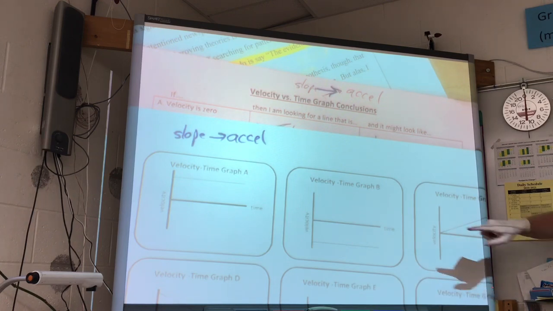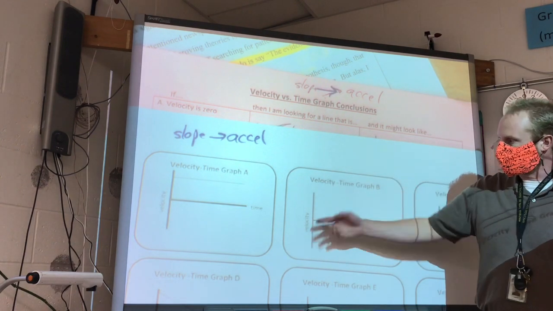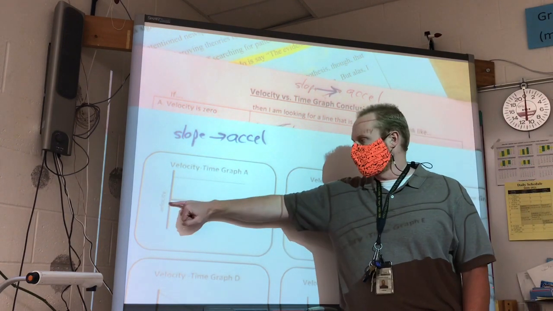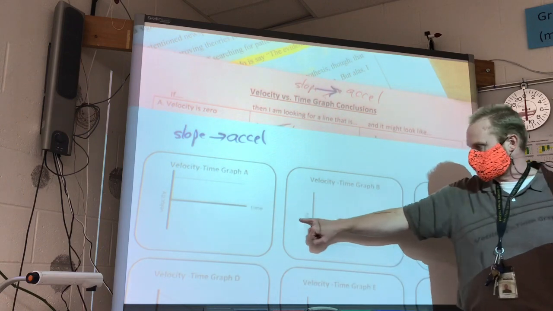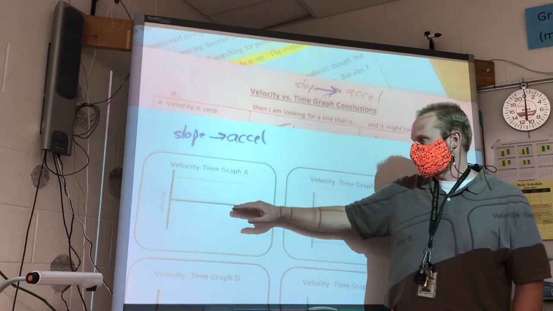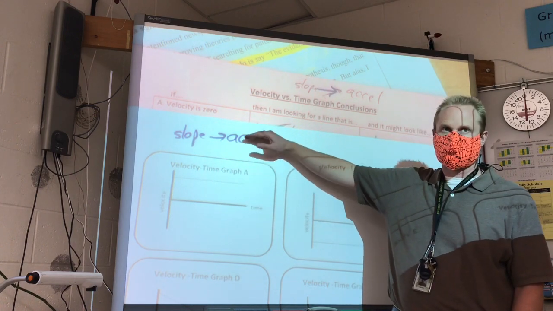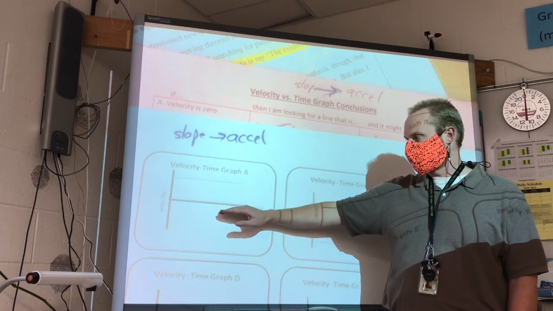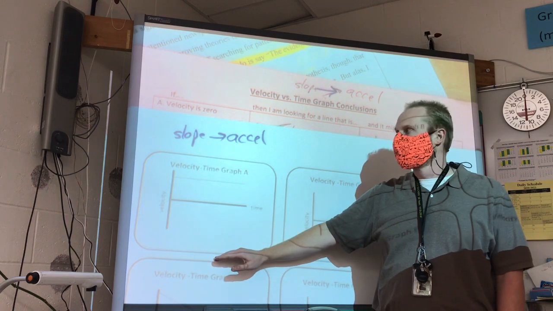So here we have velocity on the y-axis and time on the x. If we all go with the convention that this line down the middle is 0, this is 0 velocity, this is positive numbers getting bigger, this is negative numbers getting bigger.